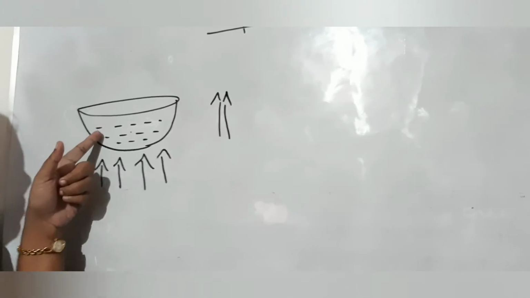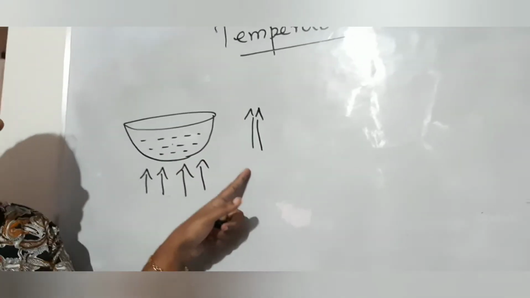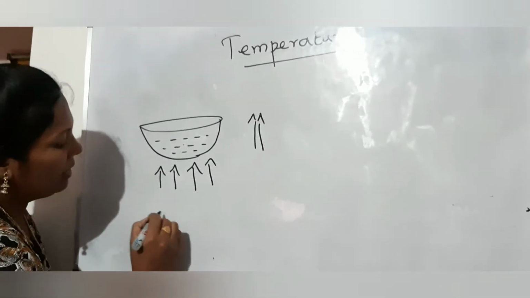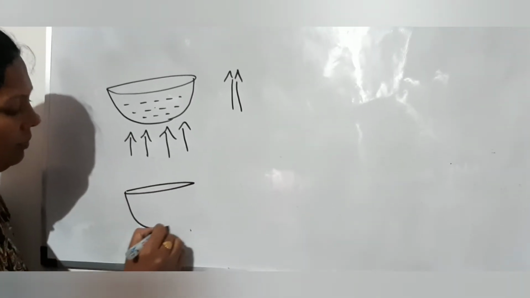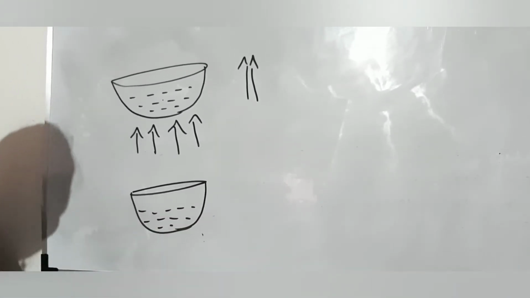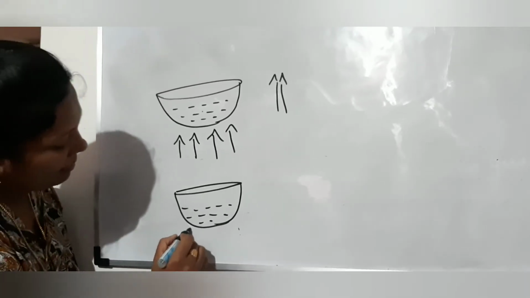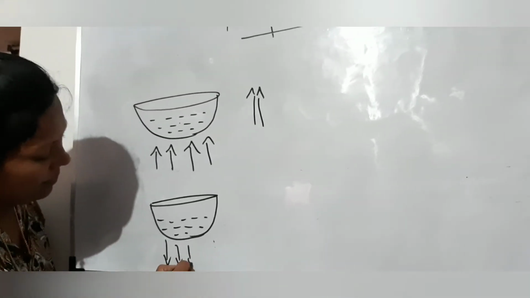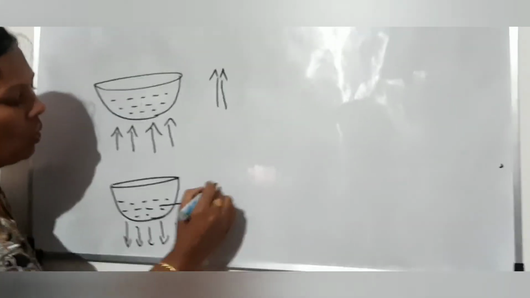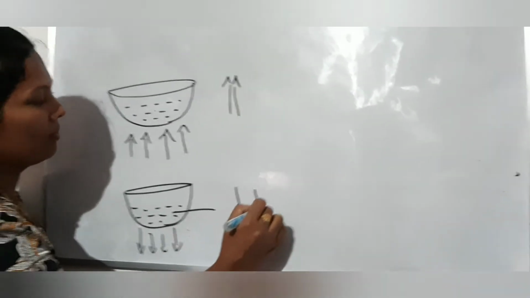So, if heat is given to a substance, the temperature increases. Similarly, if heat is removed from a substance, the temperature of the substance will reduce.